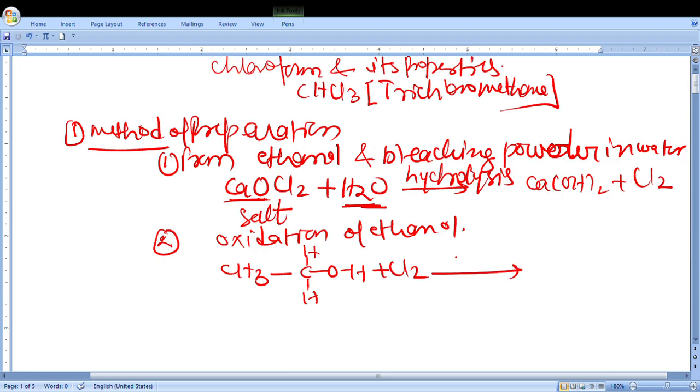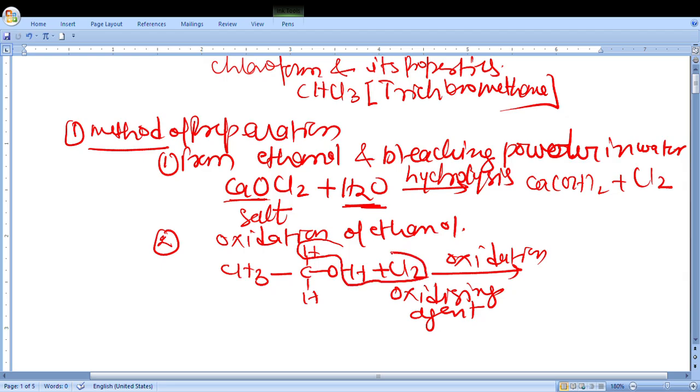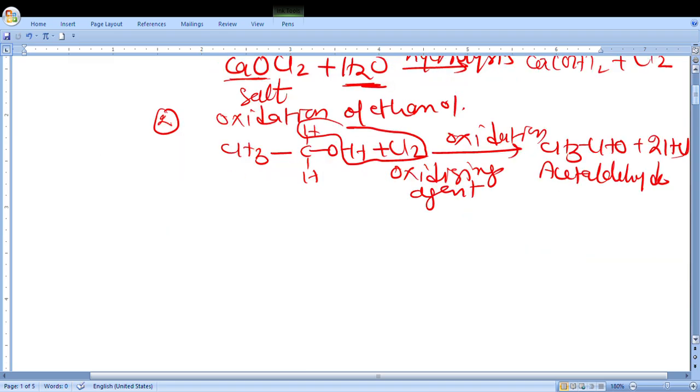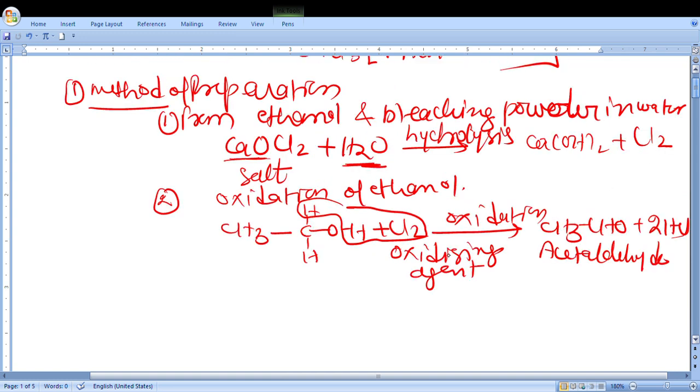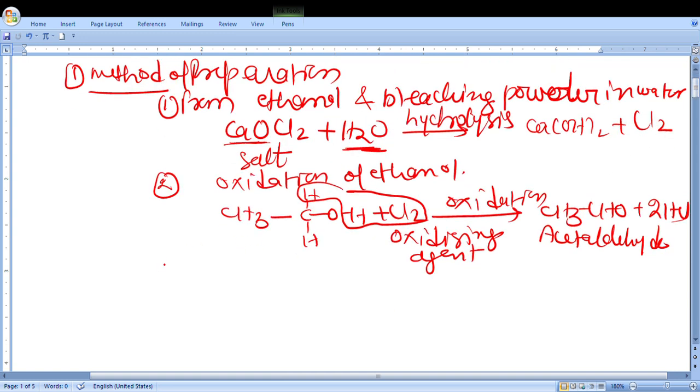So this is the oxidation reaction where chlorine is acting as an oxidizing agent, to form CH3CHO plus 2HCl. This compound is acetaldehyde.